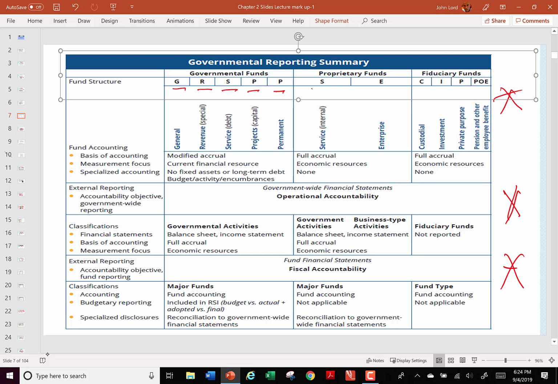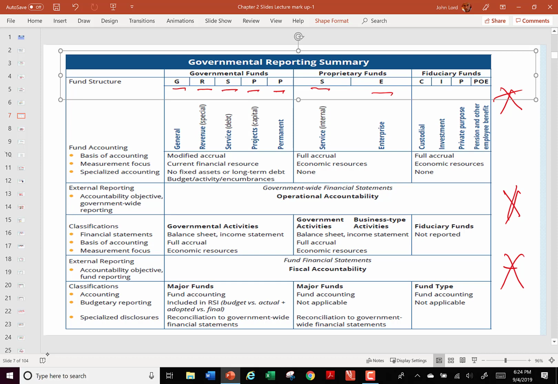Then we have our internal service fund, that is the S, and then we have our enterprise fund, which is part of our proprietary fund category. Our fiduciary funds are the custodial funds, the investment trust fund, private purpose trust fund, and the pension trust fund, which is really all you have to remember there.